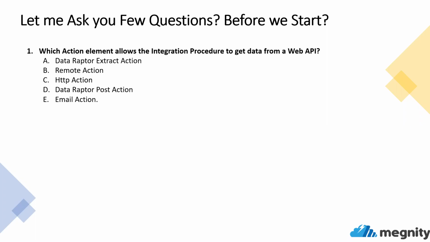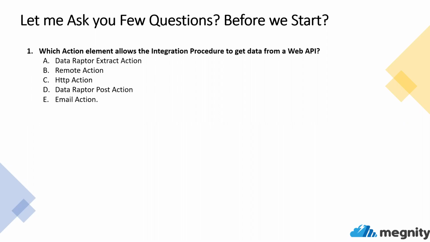Which action element allows the integration procedure to get the data from a web API? Data wrapper extract action, data wrapper remote action, HTTP action, data wrapper post action, email action. HTTP action. Okay. Any other options that I can do? Yesterday Bala said we also have a remote action.